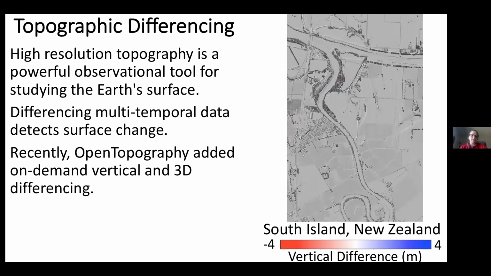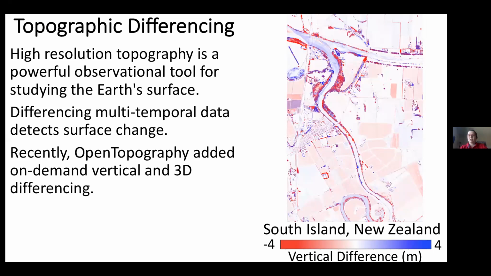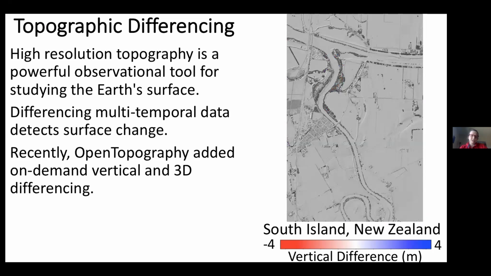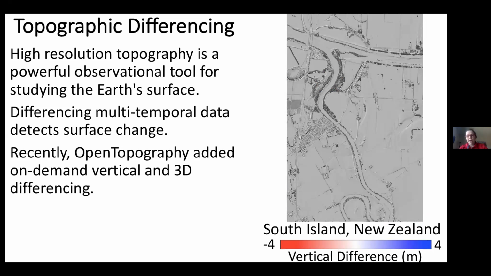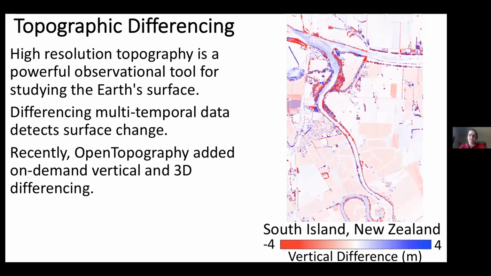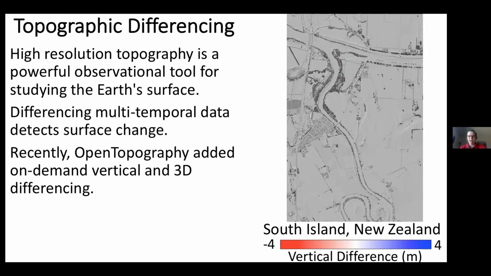In particular, we look at multitemporal data to detect this surface change. And today we'll be talking about 2 different applications or methods of differencing, and that's vertical and 3D differencing. And we'll show you how to use OpenTopography to perform this type of topographic differencing.